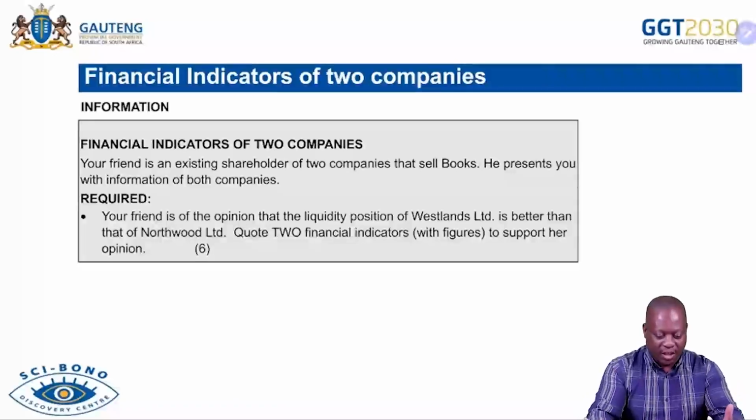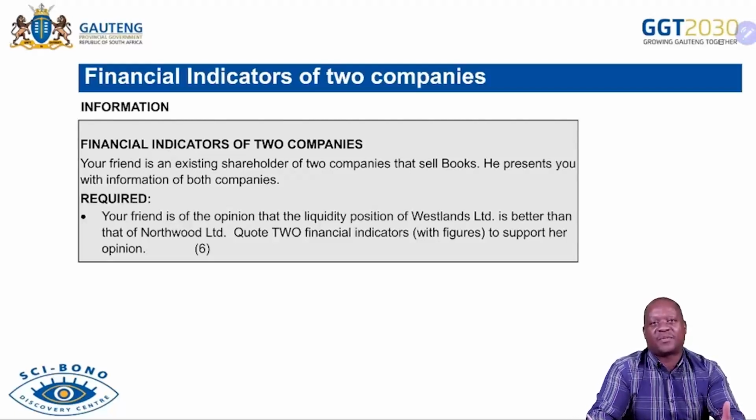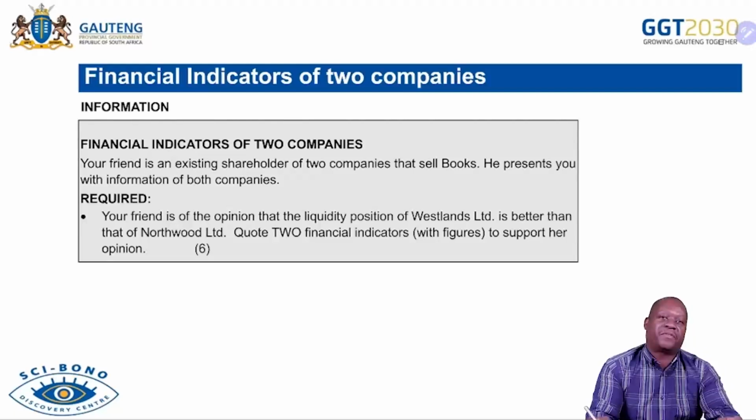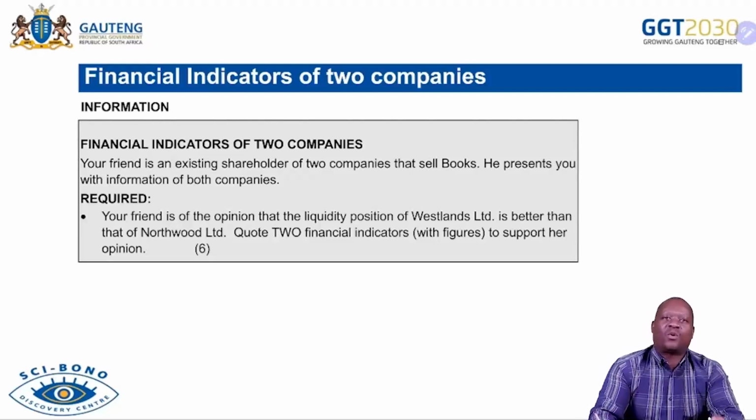Now, what we are now going to look into is commenting on given financial indicators. Unlike last time when we were just looking into financial indicators for 2 years, today I brought you financial indicators for 2 different companies and we are comparing.